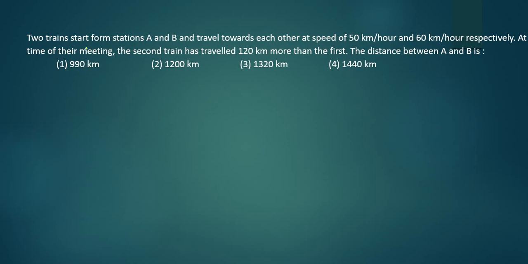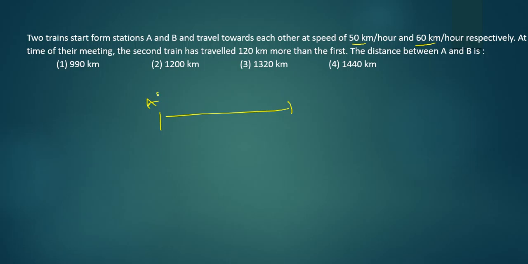Again, two trains start from stations A and B and travel towards each other at a speed of 50 and 60 km per hour respectively. At the time of their meeting, the second train has traveled 120 km more than the first one. The distance between A and B is? Simple. Logically, what is given here? Let us assume that after t hours A and B meet.